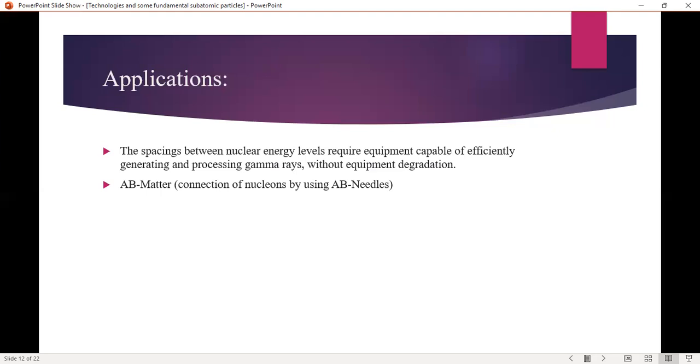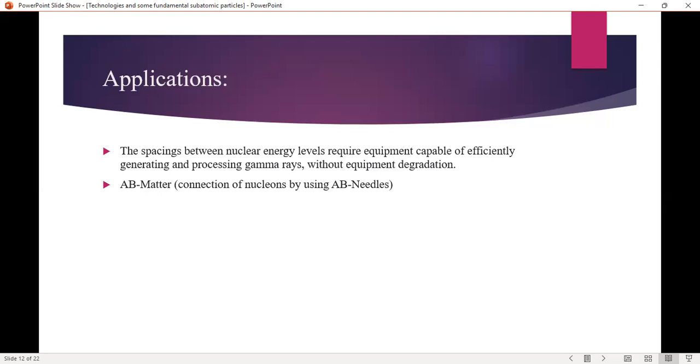The purpose of femtotechnology is to find the order of location of protons and neutrons. For this purpose, we use AB matter, probing the nucleus by using AB needles. The purpose of AB matter is that we find the location of protons and neutrons.